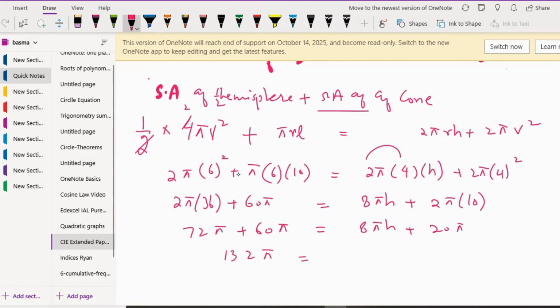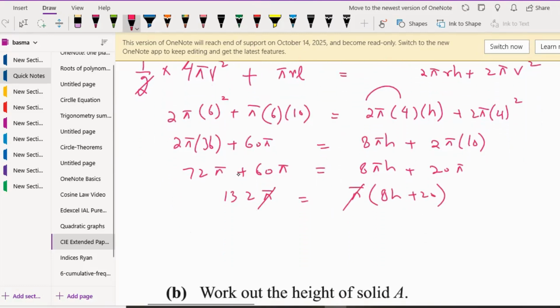From both sides you can take pi common, so pi cancels out, and it's just 132 equals 8h plus 32. Move 32 to the other side, 132 minus 32 is 100, equals 8h. Divide both sides by 8.